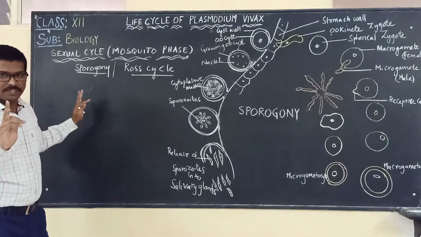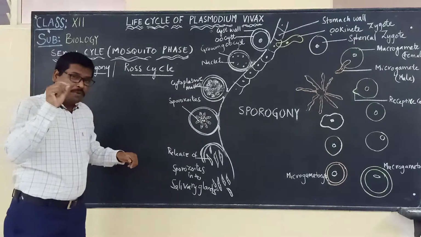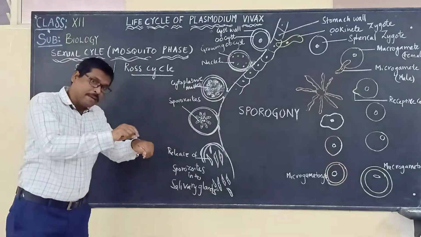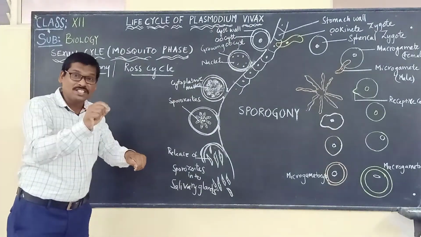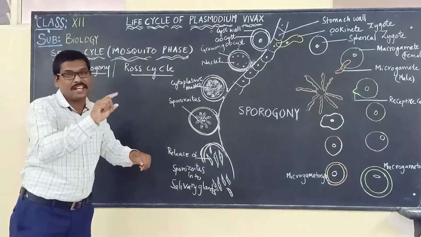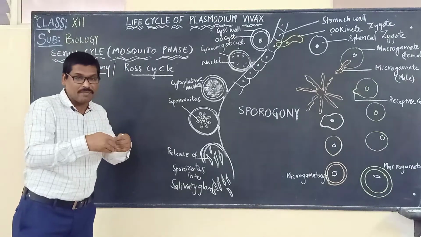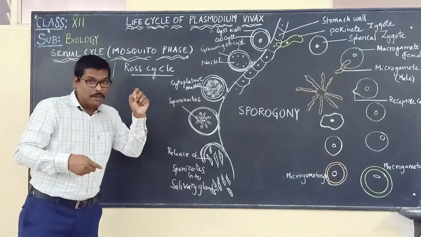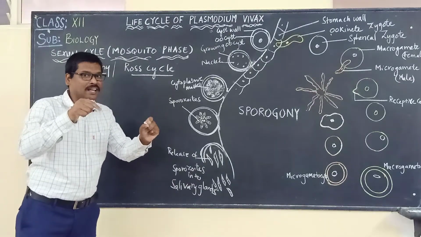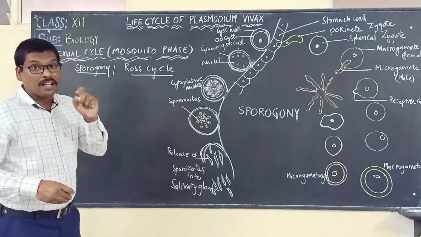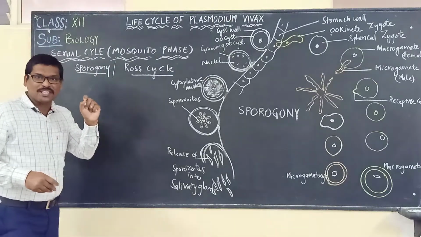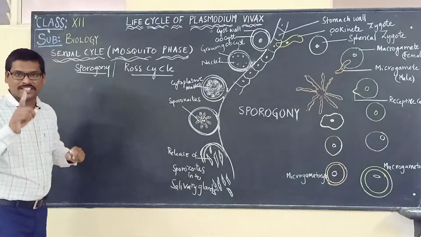mosquito. Now when a female Anopheles mosquito comes and bites a person who is infected with malaria, when it is sucking the blood of that particular patient suffering with malaria, it will be sucking the microgametocytes and macrogametocytes. Please remember.